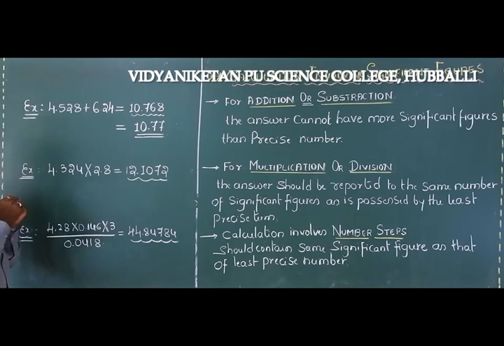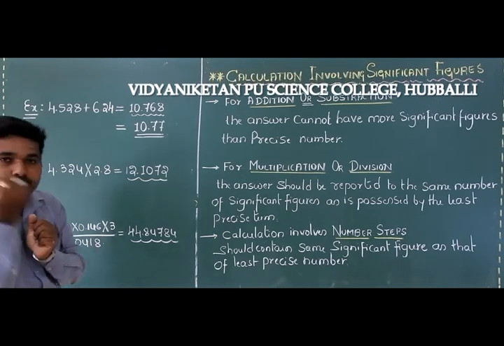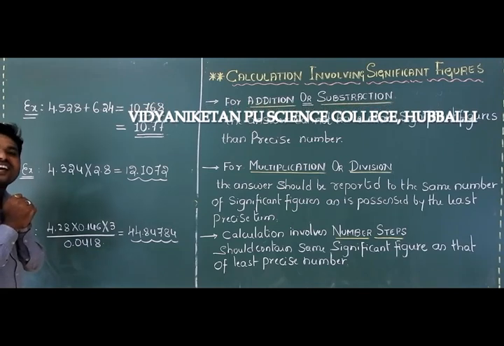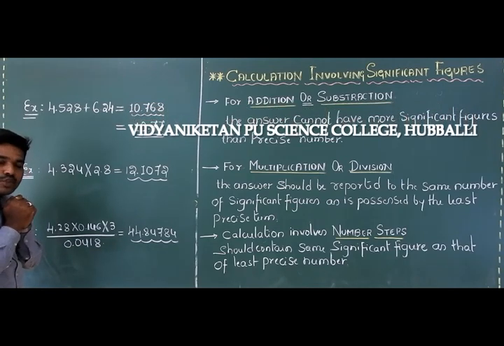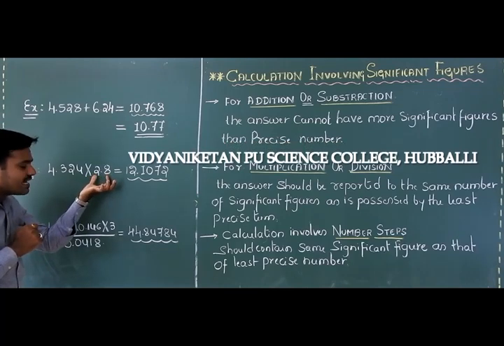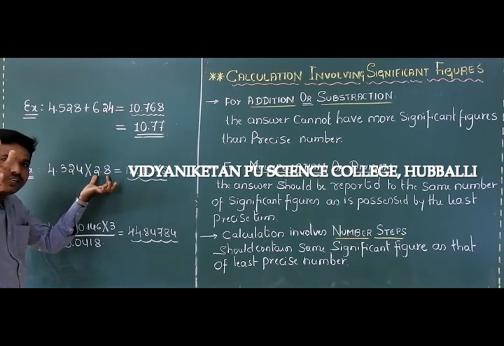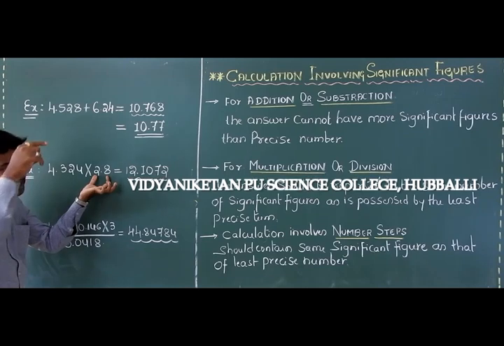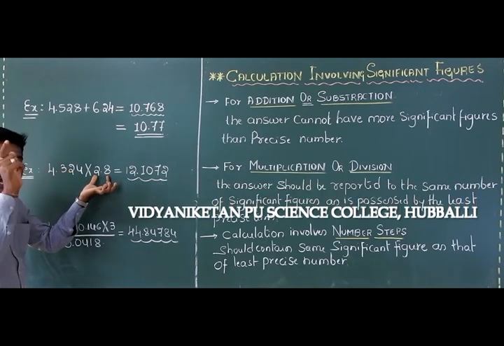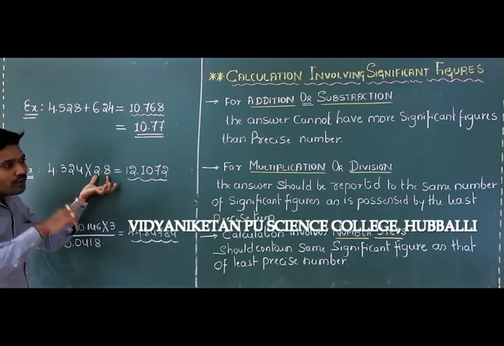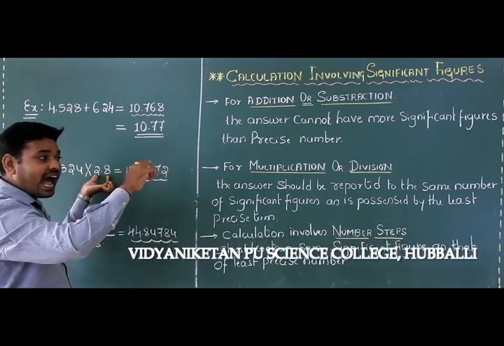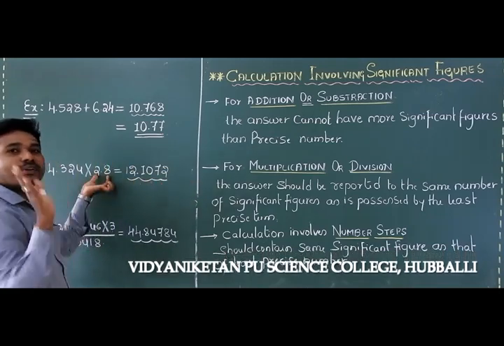And out of these two terms, which one is the least precise term here? So 2.8 is the least precise term, and it has only 2 significant figures. And especially in case of multiplication or division, always the answer should be reported to the same number of significant figures as possessed by the least precise term.